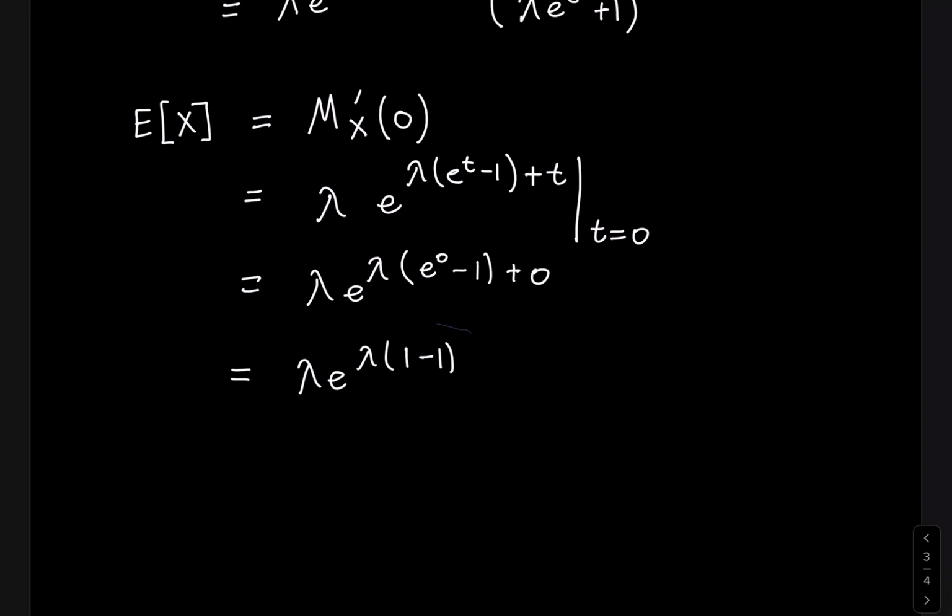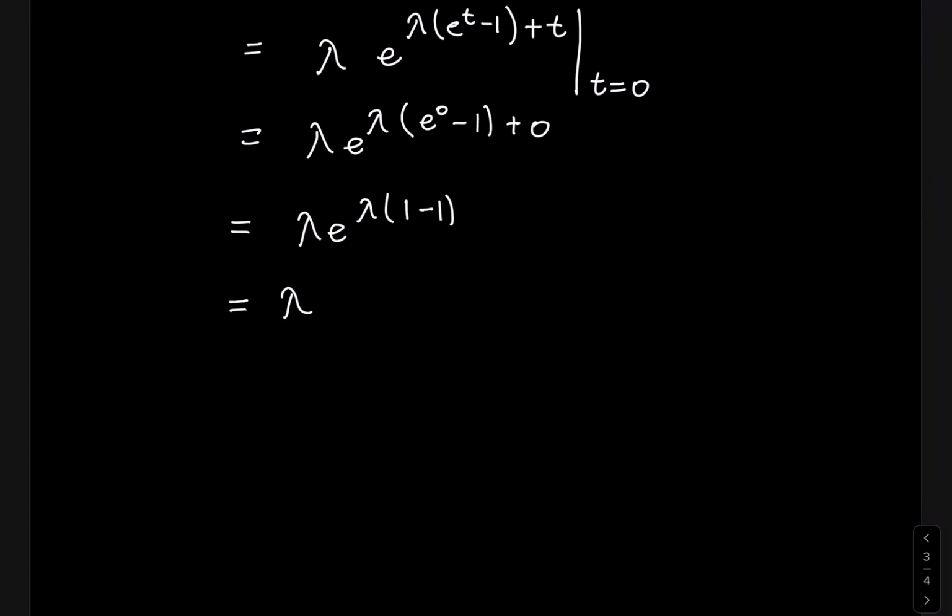And so then e to the 0 is simply 1. So all we're left with is quite simply lambda. Quite nice simplification there. Let's see if we can get something similar for our expected value of x squared. Hopefully it will also simplify.